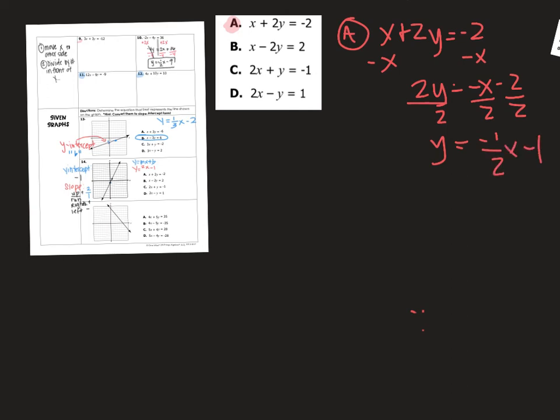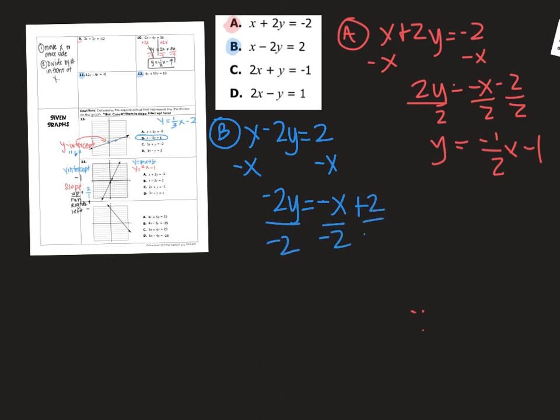All right, and go ahead and get B by itself. So you would subtract x from both sides. You'd be left with 2y equals negative x plus 2. Divide by negative 2.